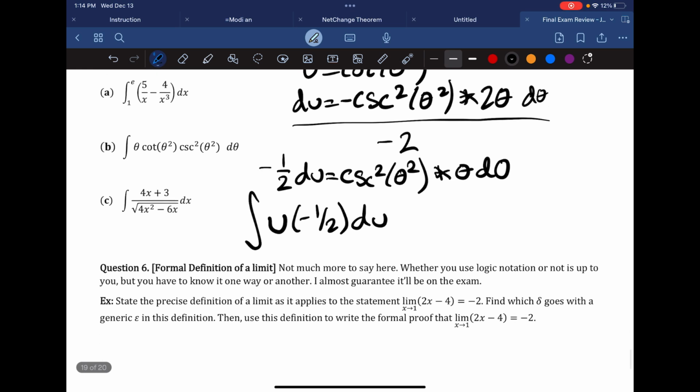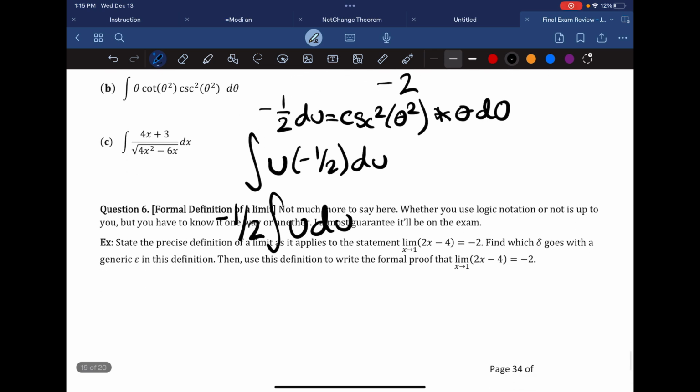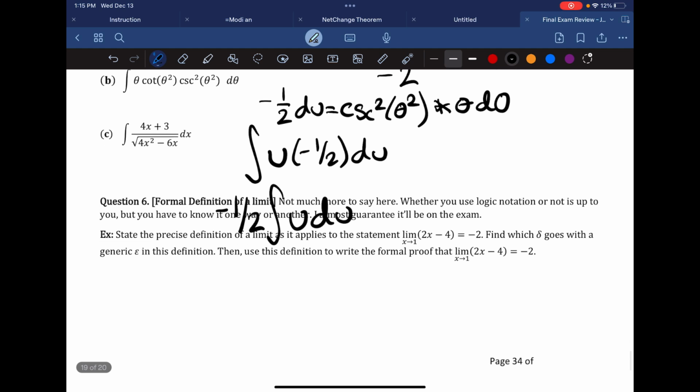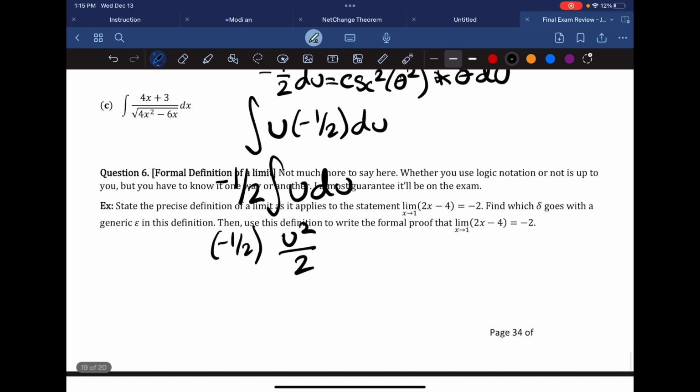So now we can move that 1/2 out front, and we say negative 1/2 times u du, and now we're just doing a reverse power rule, you know what I'm saying? Because it's u to the 1. So when we do the reverse power rule, we add 1 to the power, and then we divide by that power, so that's u squared divided by 2. And so then we can simplify this whole thing, and it's negative u squared over 4, right?